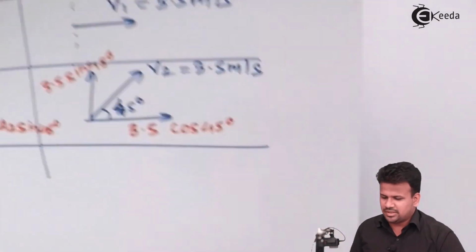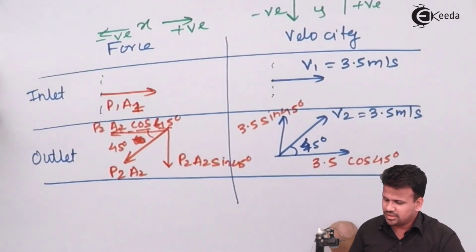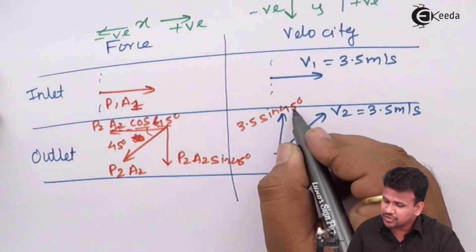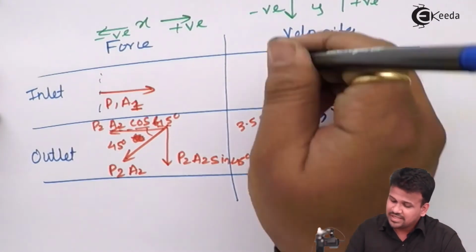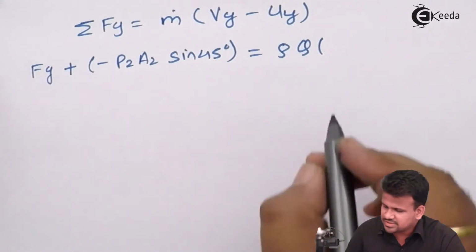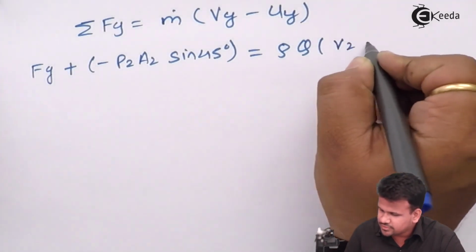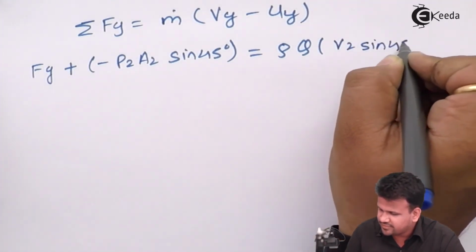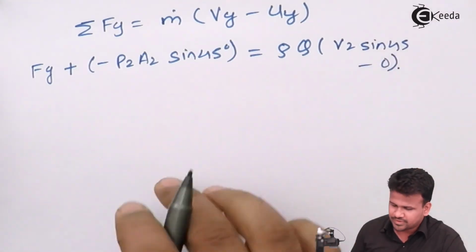Final velocity along y direction is 3.5 sine of 45. Initial velocity is absent, as we have seen earlier, so this is V2 sine of 45 minus 0.